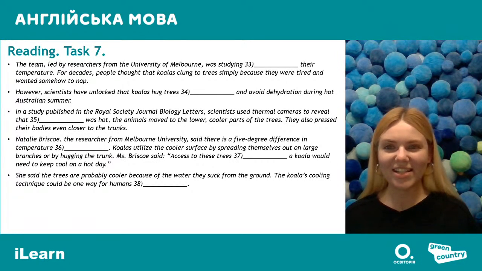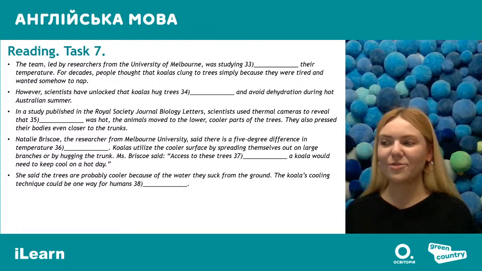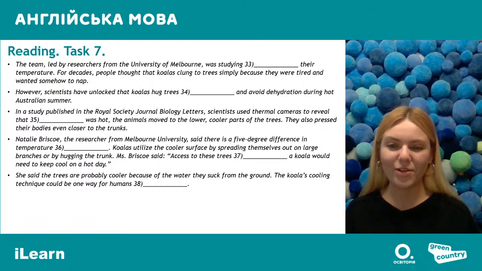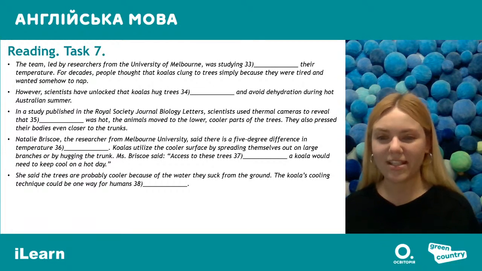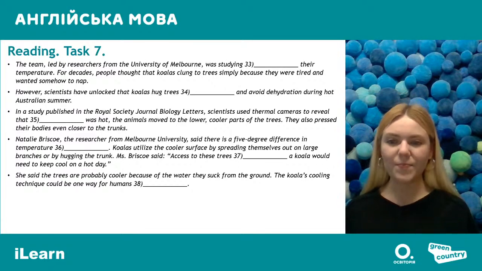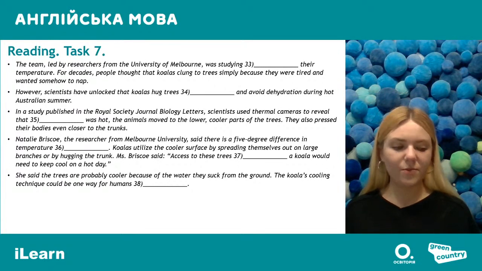So you need to learn phrases, you need to learn collocations, and if you know what we use after way, it will be very easy for you to find the correct option. Тут після way ми можемо використати або інфінітив, way to do something, спосіб щось зробити, або way of doing something, також спосіб щось зробити. Тому тут будемо шукати або інфінітив, або of і герундій.